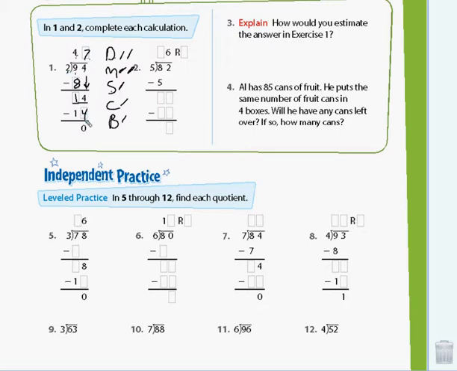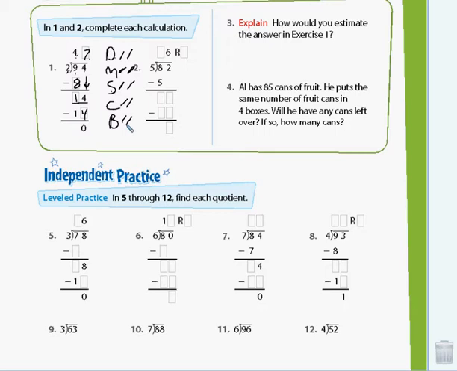The next step is to subtract. I'm going to subtract 14 from 14, and I get 0. The next step is to compare. Make sure 0 is less than my divisor, and it is. And the next step is to bring down. Since I don't have anything to bring down, that means I'm done. So 94 divided by 2 equals 47.